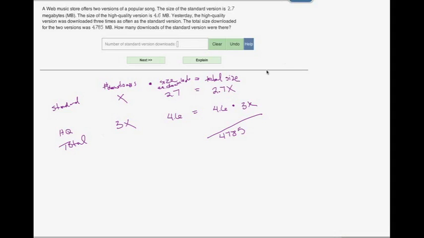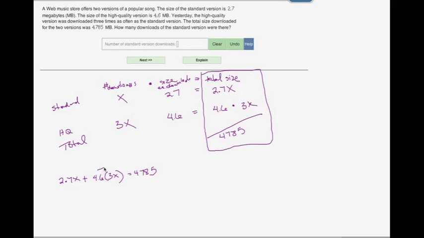So just like in the last problem, we're going to get our equation from this column. The total size of the standard plus the total size of the high quality equals the total. That's going to be our equation. So 2.7x plus 4.6 times 3x equals 4,785.